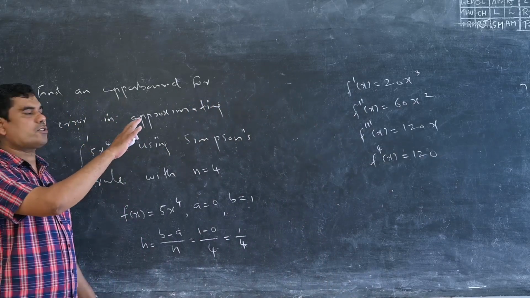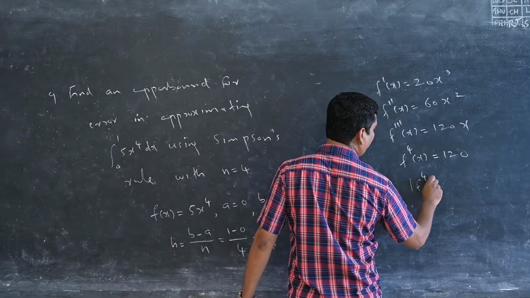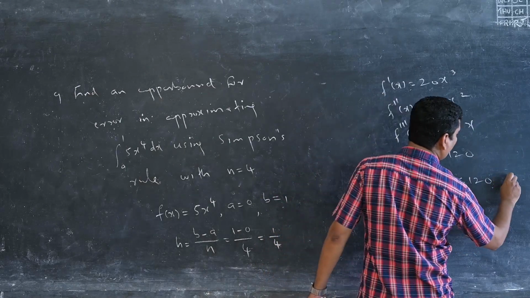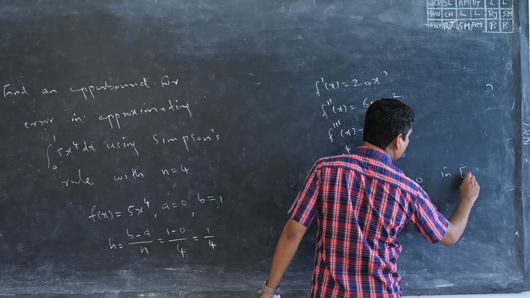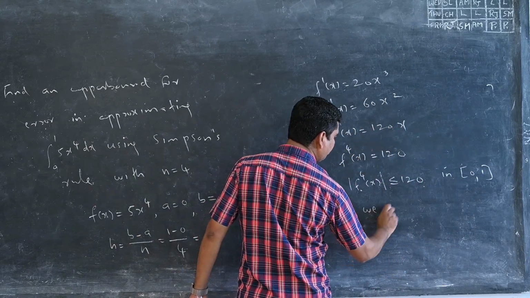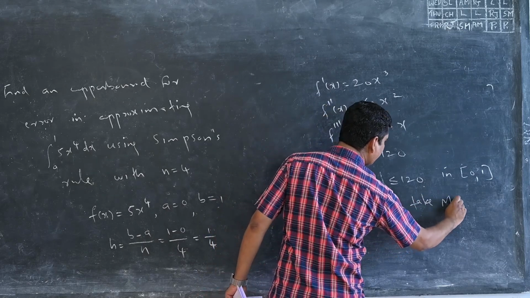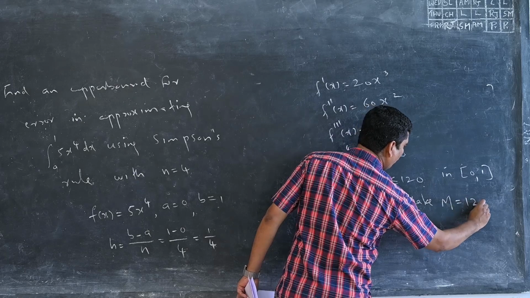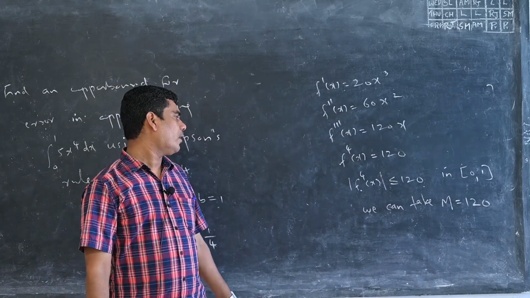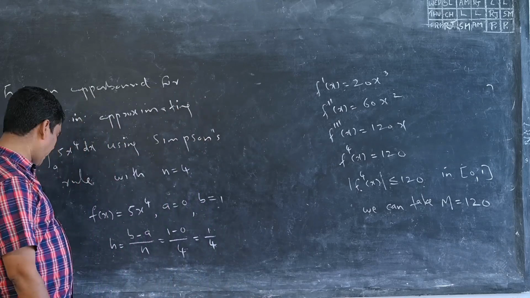It is a constant function. So |f4(x)| is less than or equal to 120 in the interval [0, 1]. So we can take M equal to 120, the upper bound for the fourth derivative of f of x.